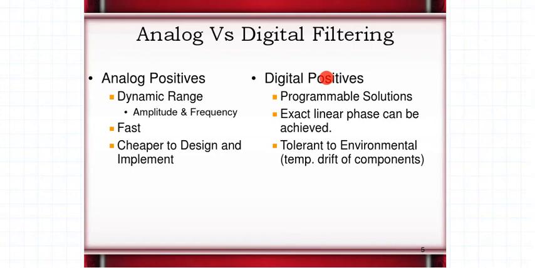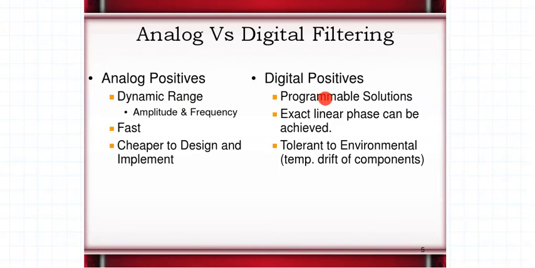Going into digital positives, the very first advantage we see, friends, is that they are programmable. We can have a programmable solution for digital filters. The way we write the algorithm decides the cutoff or the characteristics of the filter, and as we change the algorithm, we get a completely new filter.